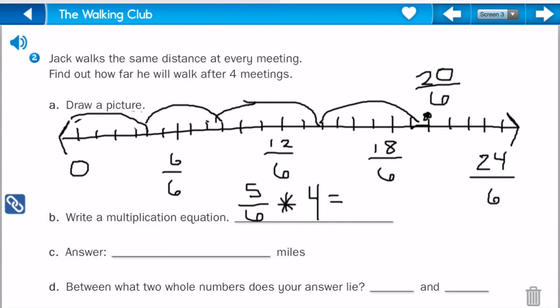So let's multiply it to see if we get the same answer. 5 times 4 equals what? Yep, it equals 20. And our bottom number stays the same. Leave it at 6. So we have 20/6, or we could simplify it, and that would be what?